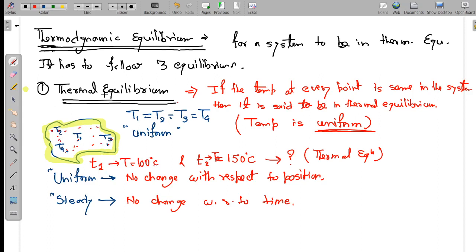But at another time, if the temperature is 150 degrees Celsius, then at every point of the system the temperature should be 150 degrees Celsius. So temperature can change with respect to time, but temperature cannot change with respect to position. That is the condition of thermal equilibrium. So keep that in mind.